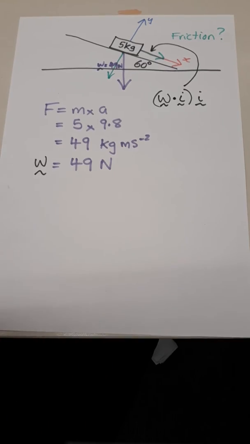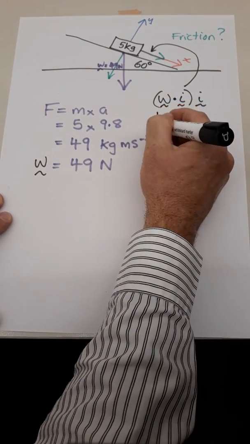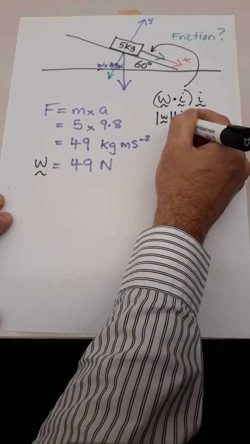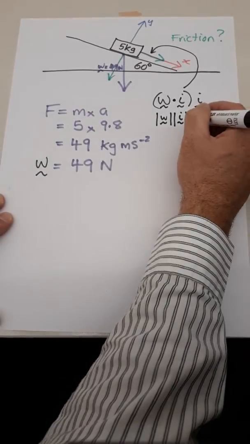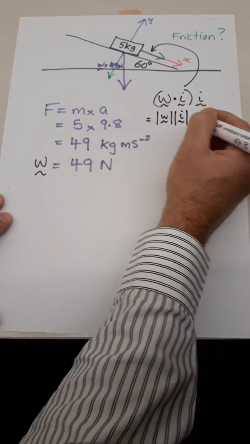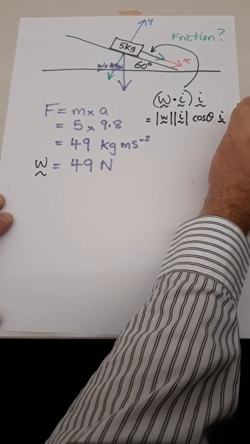Now we know that the dot product of W and i is written as the size of i and the size of W multiplied together, and cos of the angle between them. And then, of course, we've got that i at the end there.